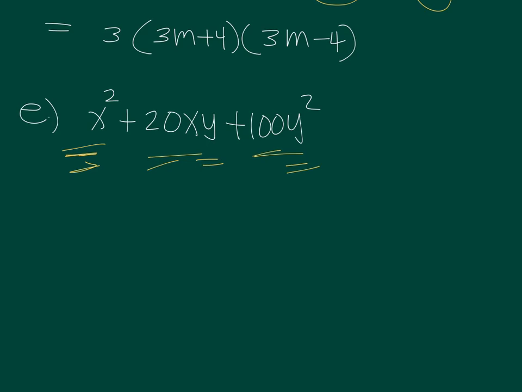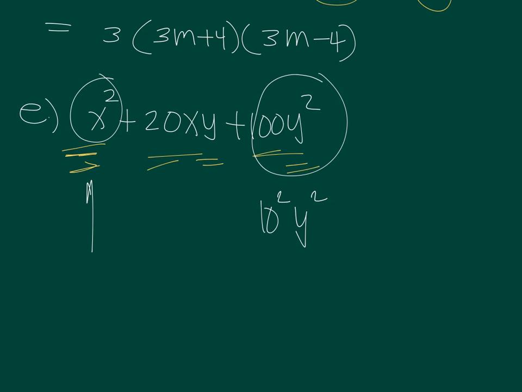So we have to look at it and check, is this some kind of special expression again? If you look at the first term, it's a perfect square. And if you look at the last term, it's also a perfect square. Note, 100 is 10 squared, and then you have y squared. So that's a perfect square expression.